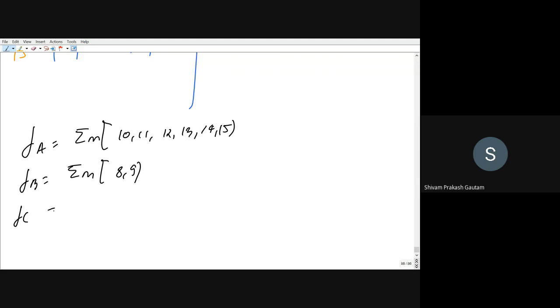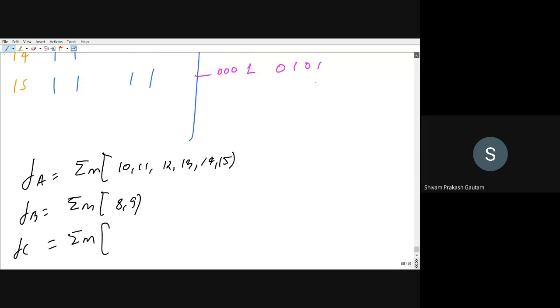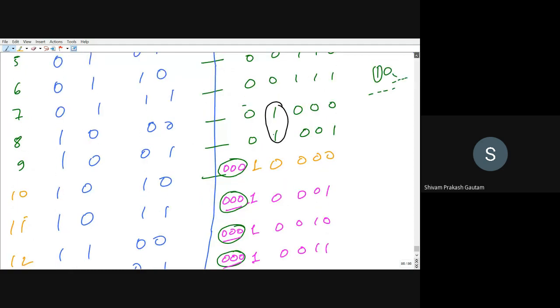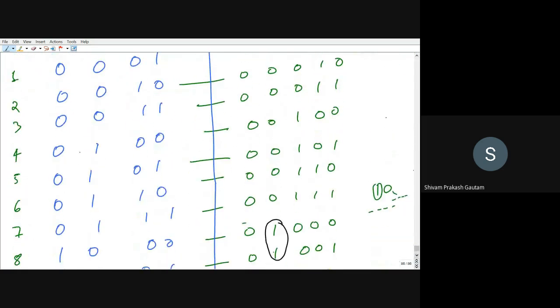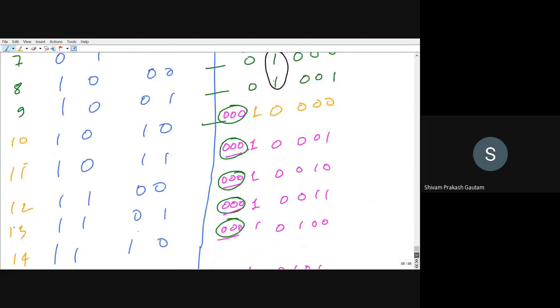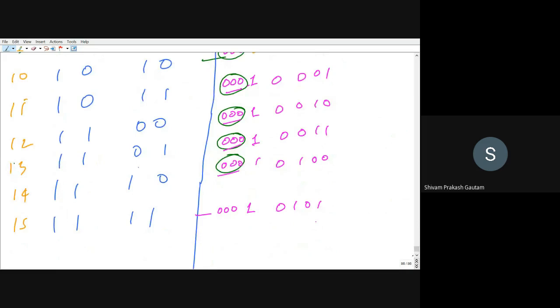Similarly for C, just see where C is 1. So C is 1 from 4 onwards, that is 4, 5, 6, 7. And then 14, 15.